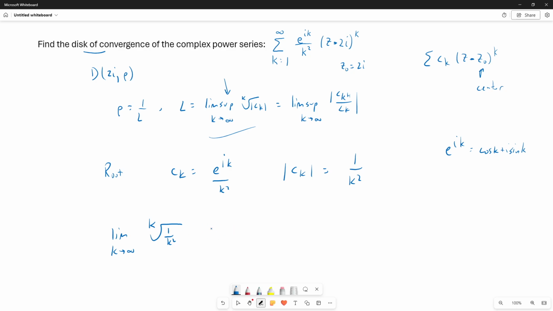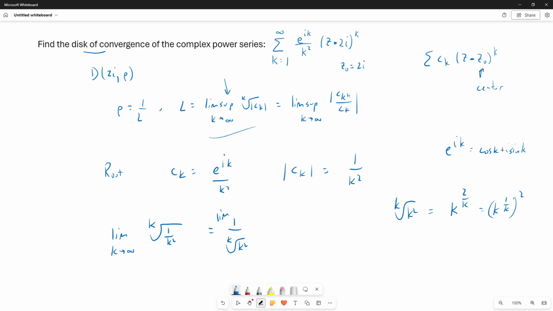The kth root of 1 is 1, and we need the kth root of k squared. We still need the right limit here, and the kth root of k squared is k to the power 2 over k, which is (k^(1/k)) squared.